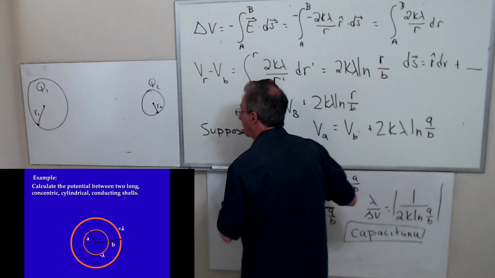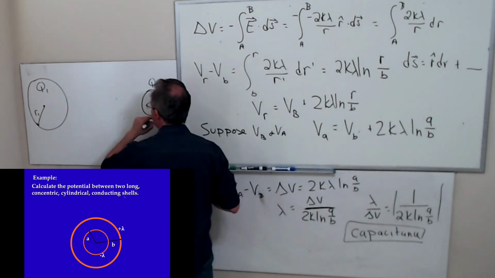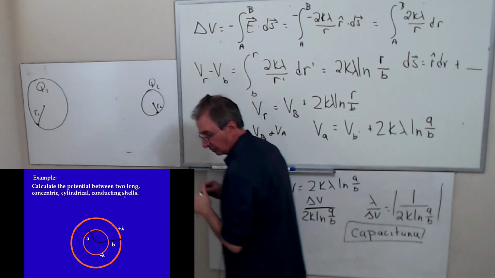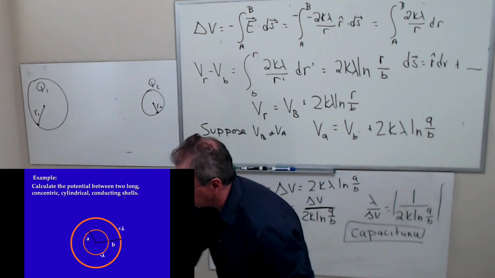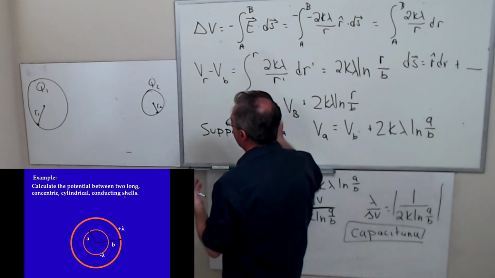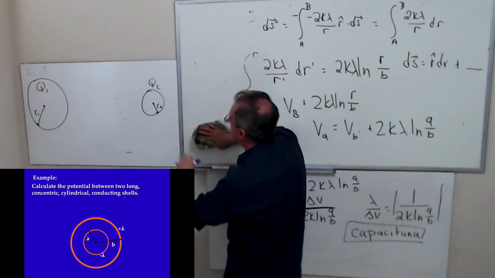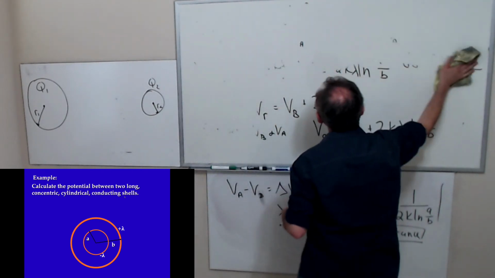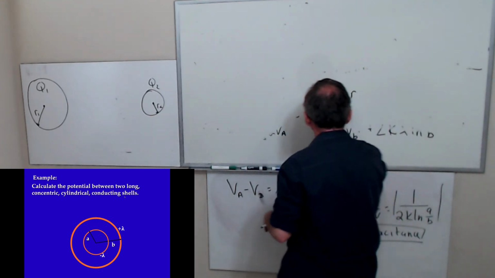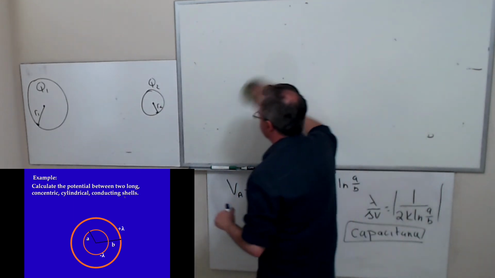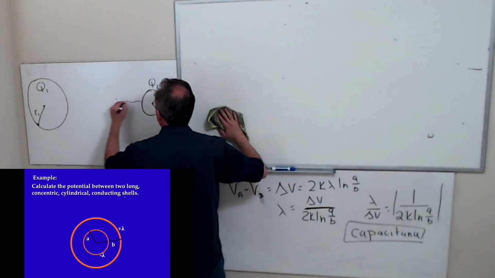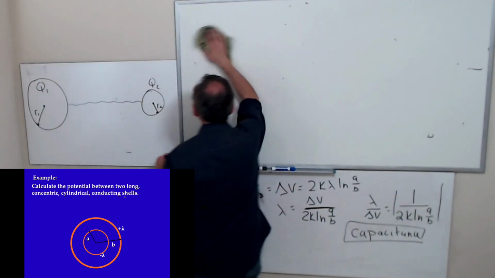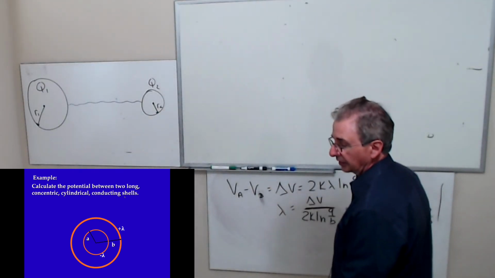The math is easy for this problem, but a lot of times the concept is hard for students to understand. But mathematically, it's an easy problem. So what happens, and let's assume they're kind of far away from each other. What happens if I take a conducting wire and connect them together?